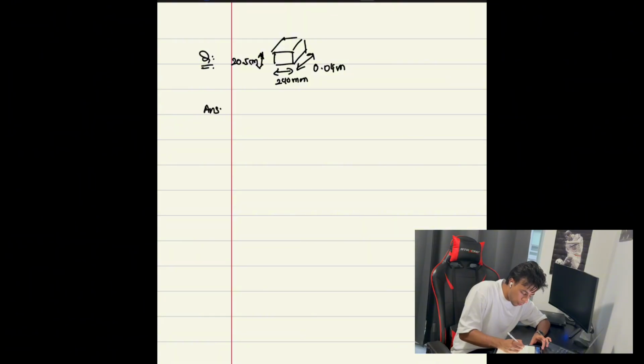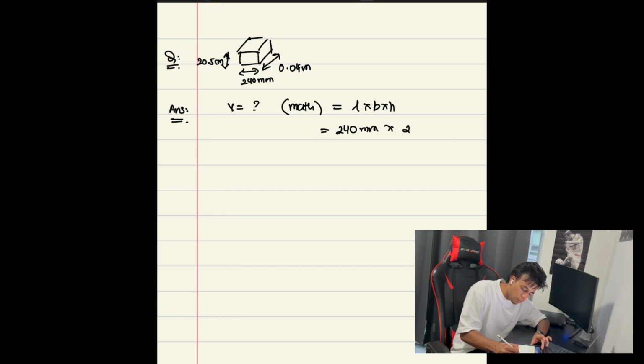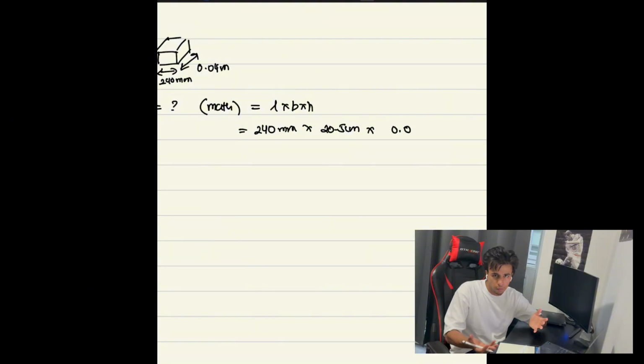So how do you do it? It's very simple. This is basically math, and the volume of a rectangular object is length times breadth times height. So it's basically 240 mm multiplied by 20.5 centimeters multiplied by 0.04 meters, and then you just multiply, right?